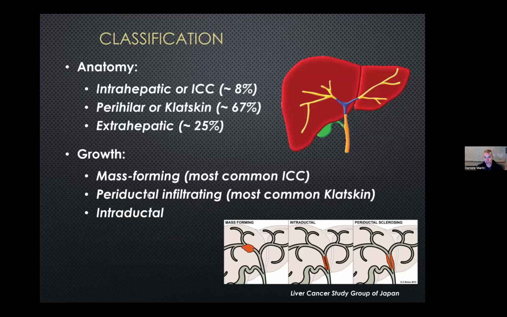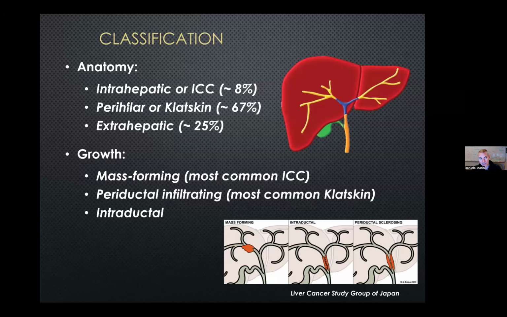The classification of cholangiocarcinoma can be based on two different aspects of these lesions. One is the anatomical location of the lesion. There are three different subtypes based on the anatomical location. What we call the intrahepatic or ICC cholangiocarcinoma arises from the peripheral intrahepatic bile ducts.